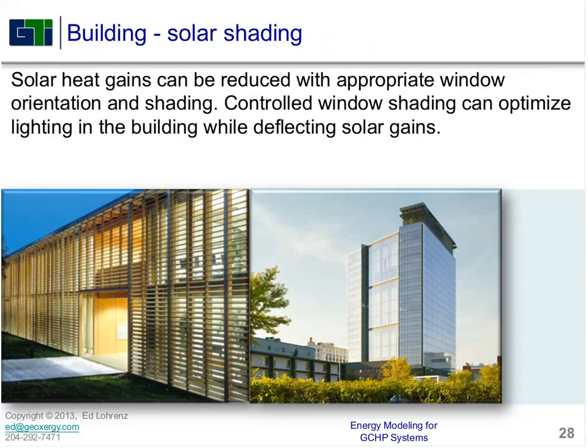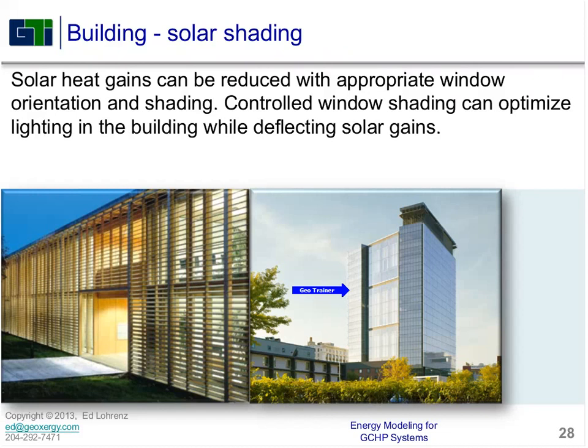Solar shading can have a huge impact, and in this case you'd have to work directly with the architect and look at what the impact of shading is. It may be very worthwhile looking at this kind of shading or shading controls on the building, and justify it by seeing what the impact is on the cost of the ground heat exchanger and on the efficiency of the system.